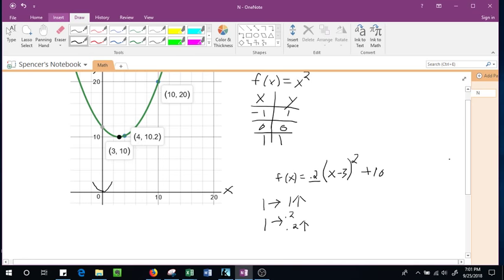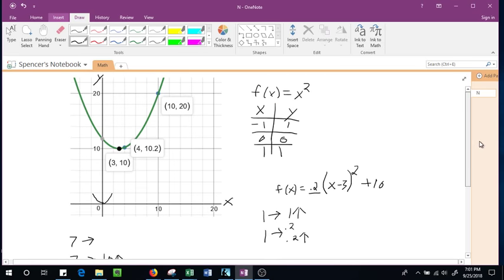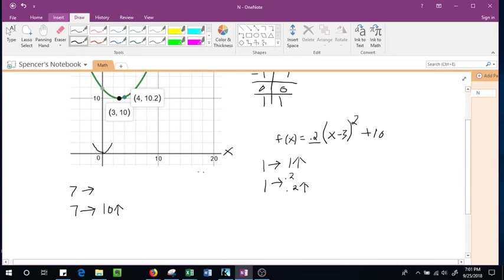That's going to be a move upward of 10. In our parent function, to go 7 over, that would be our x, so 7 plugged in for x, x squared is 49.